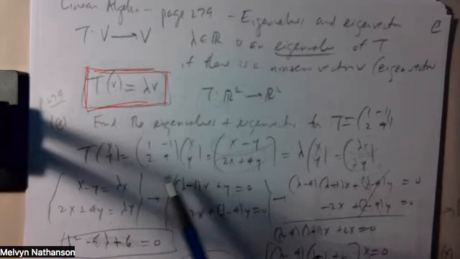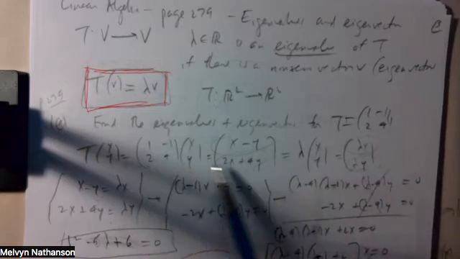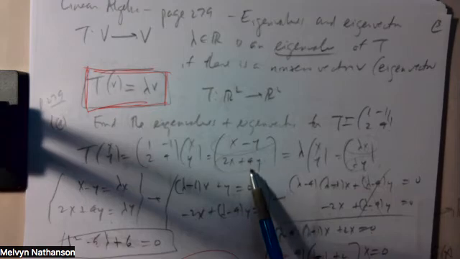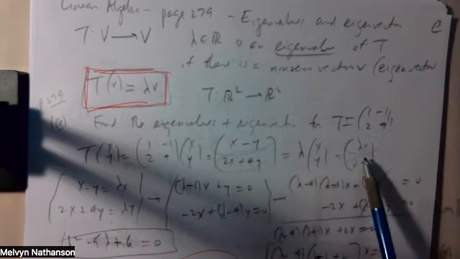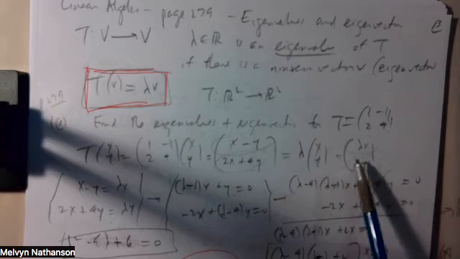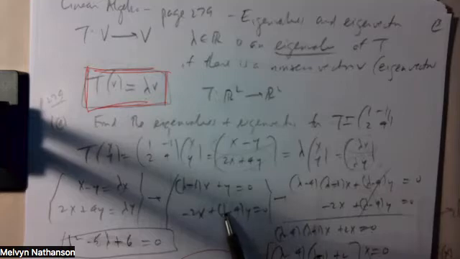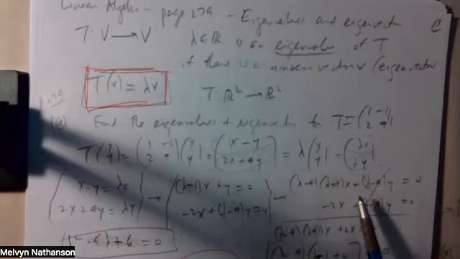If this is my linear operator, T of xy is this vector. And if that's going to be lambda times xy, then lambda and x and y satisfy these equations.